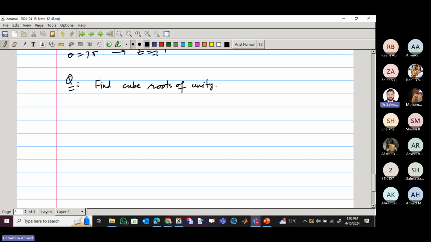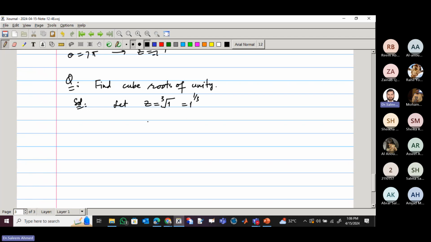Finding cube roots of unity means, basically, what does it mean? It means find, so let z be the cube root of unity, right? This is what I want. Cube root of unity. Unity means 1.